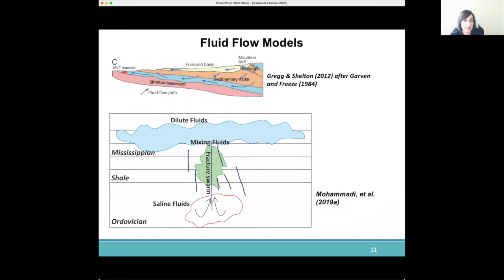Andrew, in northwest Oklahoma, observed saddle dolomites in his samples. So most of this porosity in central Oklahoma was earlier filled with early calcite cements.